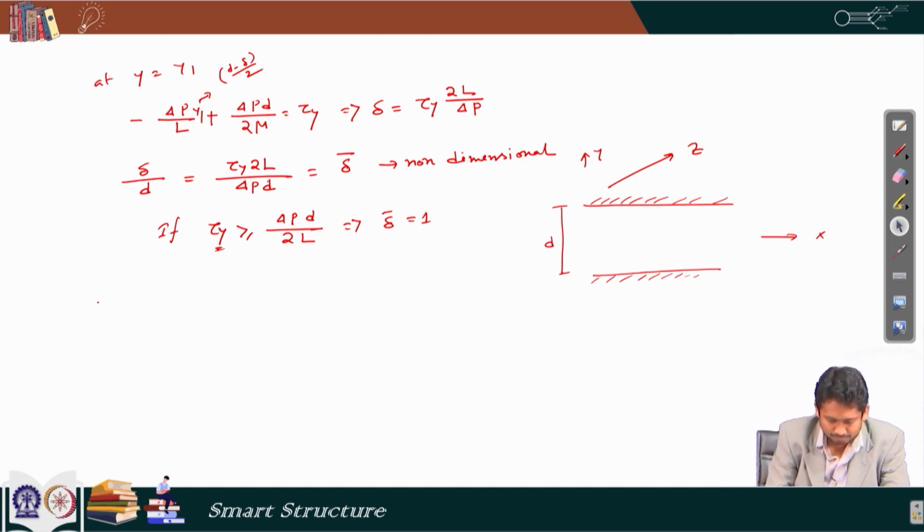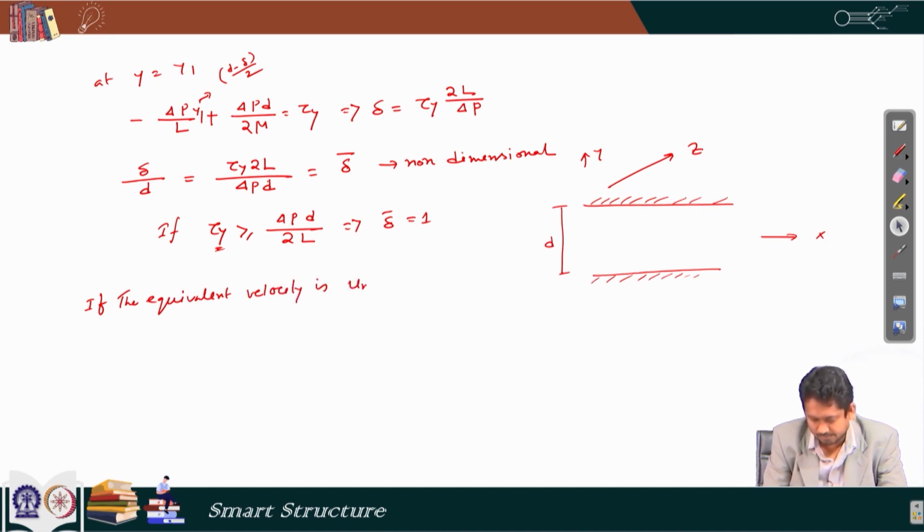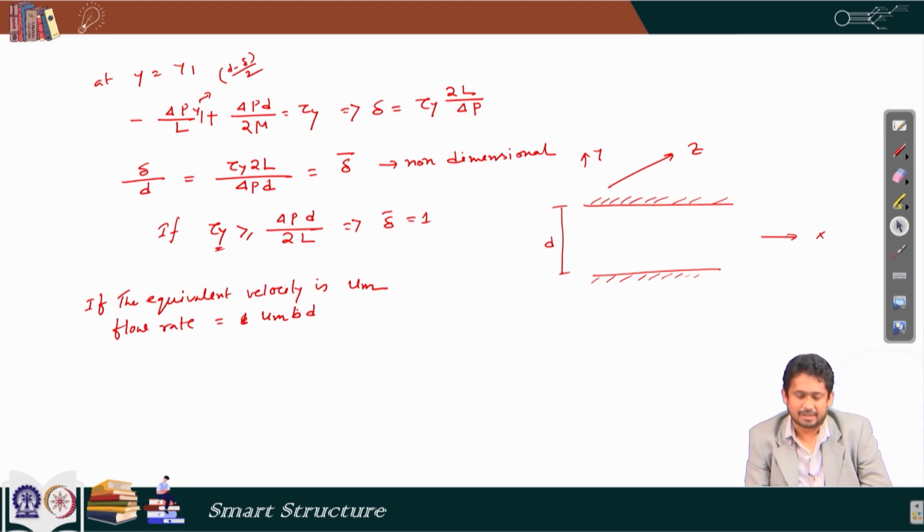If the equivalent velocity is u m, then the flow rate is equal to u m multiplied by b multiplied by d, and we have to equate that with the actual flow.